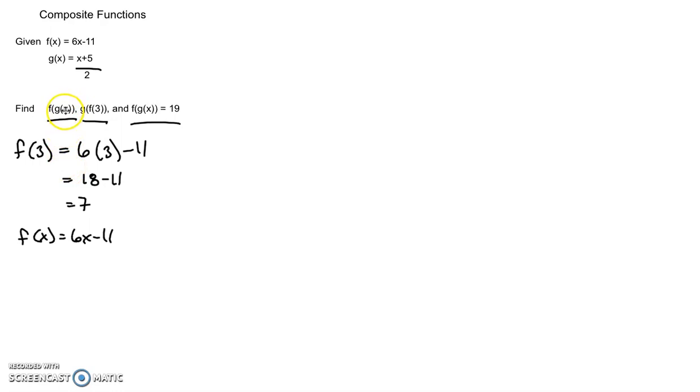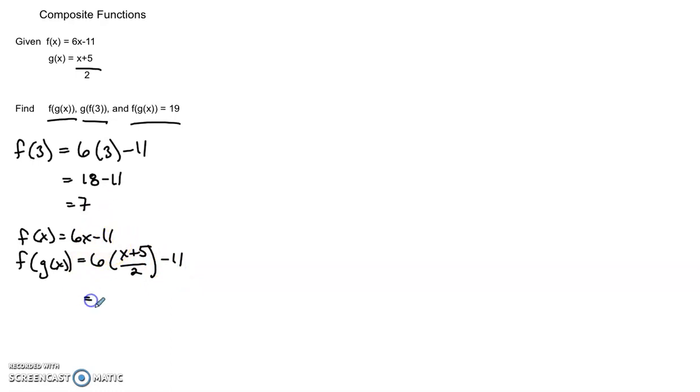So instead of replacing our x with a 3 like we did in this example, we're going to replace our x with the function g of x. So f of g of x equals 6 times, here's our first x, we're going to replace it with our function g of x, which is (x plus 5) divided by 2. And then we subtract our 11 from our f of x function.